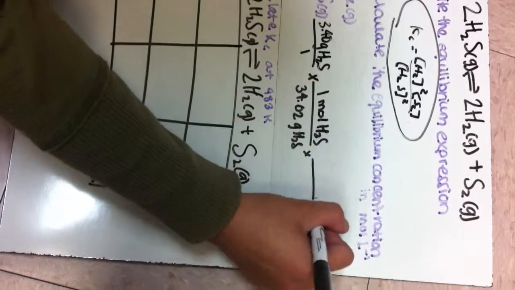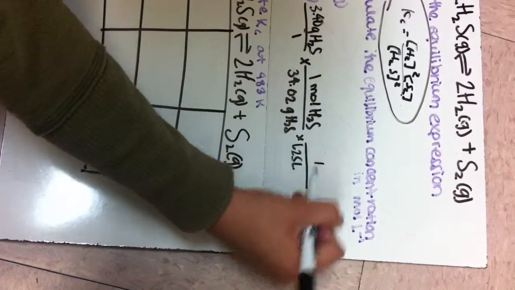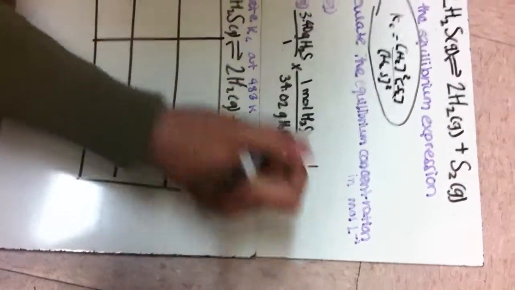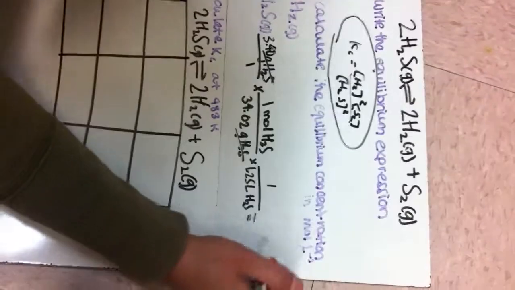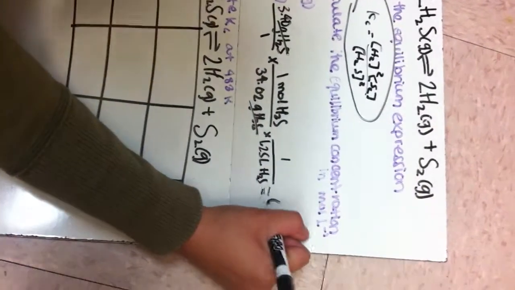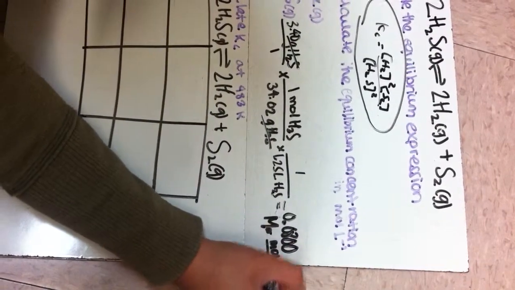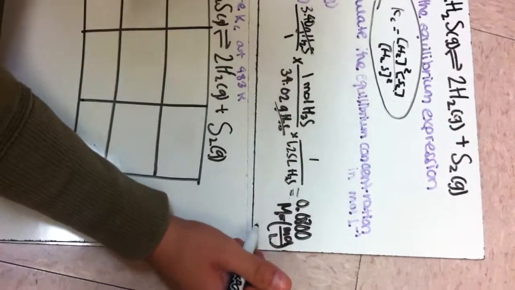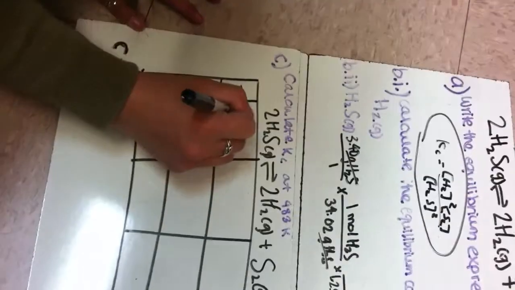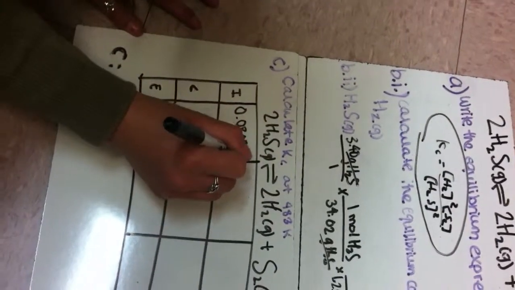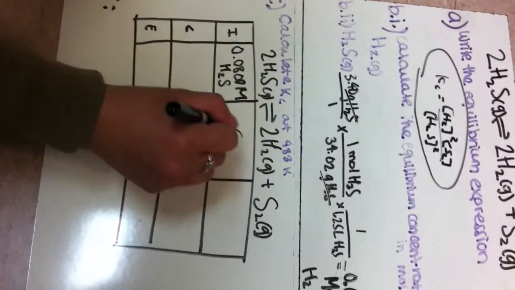And to get molarity, we need to do it over liters, so 1 over 1.25 liters, which is what we're starting off with. Grams cancel out, and we're left with molarity, moles over liters. So we have 0.0800 molarity of H2S. We plug that into the table, and we assume 0 for the products.